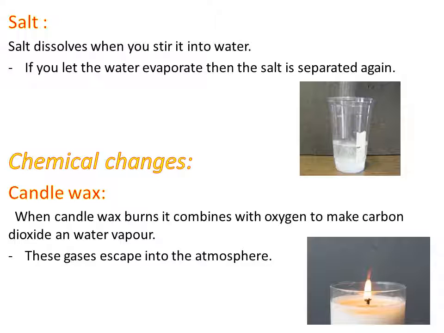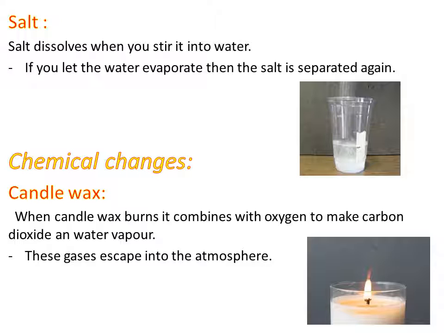Then put it outside in the sun for a while, maybe 1 day or 2 days. After some time, you will come back and you will find the salt again. So here it is reversed, right? So these are 3 examples of physical changes: the chocolate melting, the ice, and the salt dissolving.